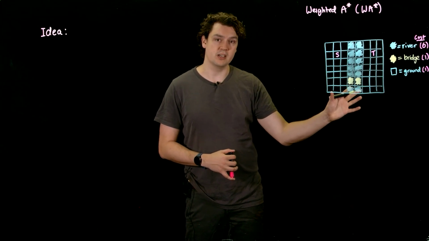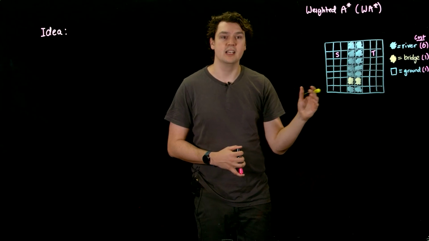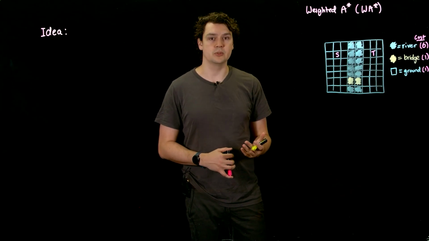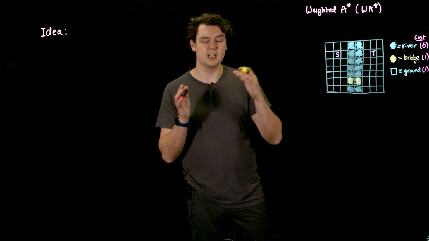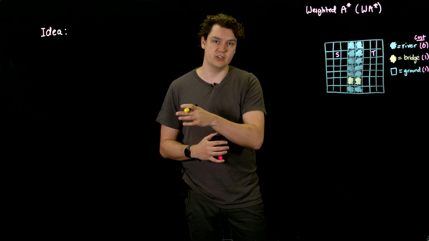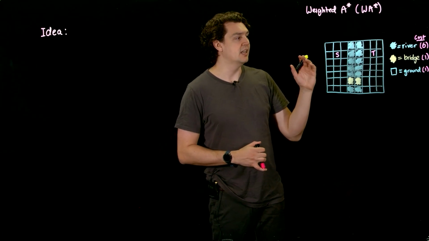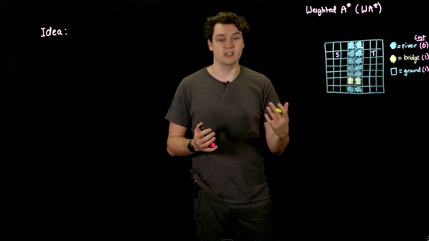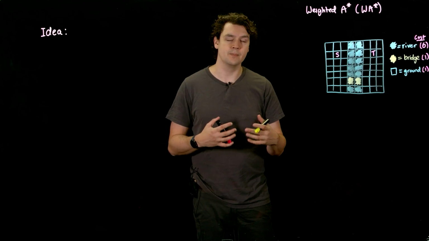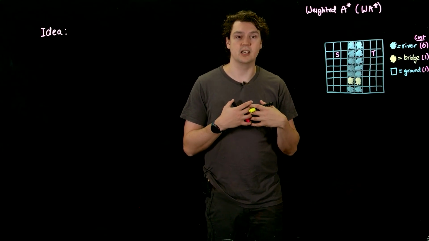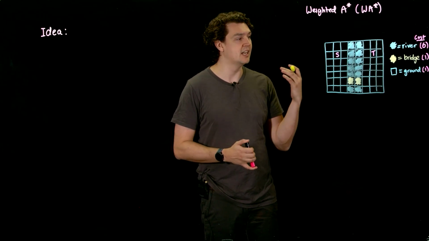Well, when we're searching for optimal solutions, we need to address both the cost so far and the cost to go. So that's our G and our H values. Because A* is optimally efficient, it's the combination of these two ideas together that gives us this ideal search strategy.